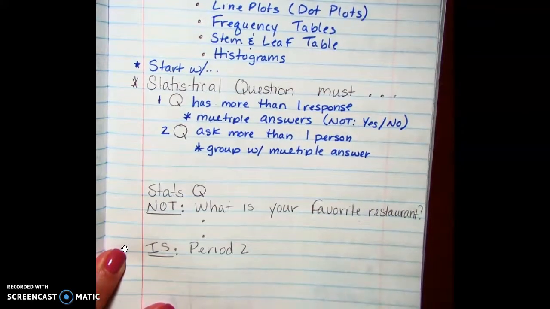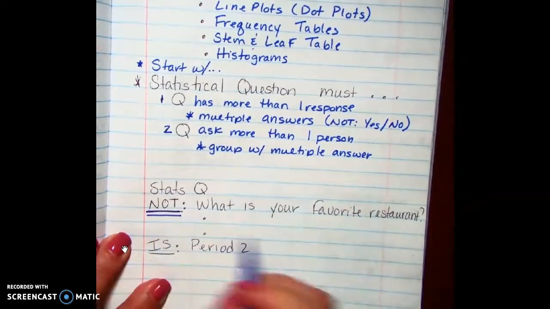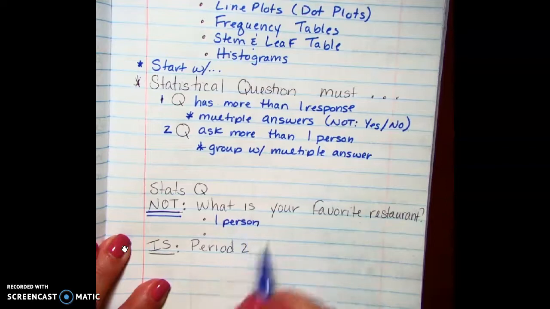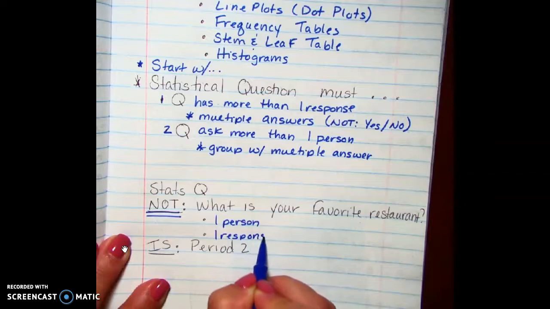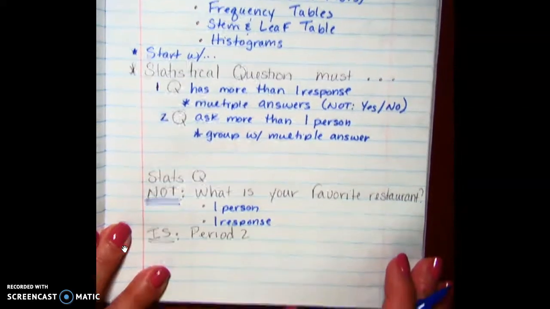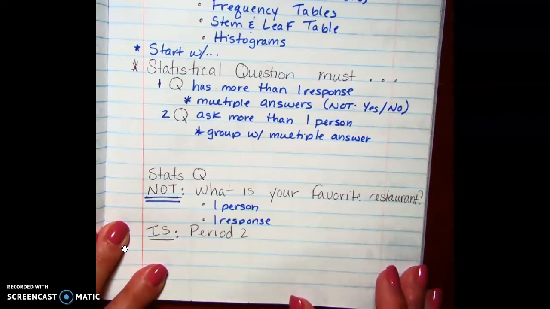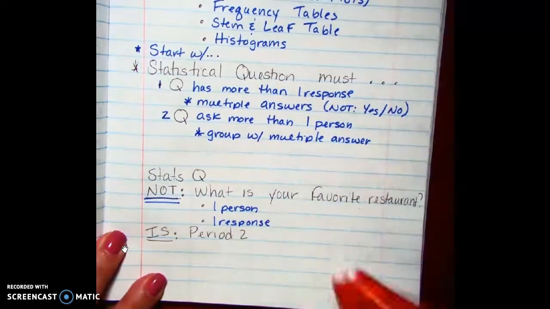But that's not a statistical question, because it was one person that I asked and there was one response. They may have been thinking, well, maybe McDonald's or Panda, but if they had to choose one, they would choose Panda Express maybe.